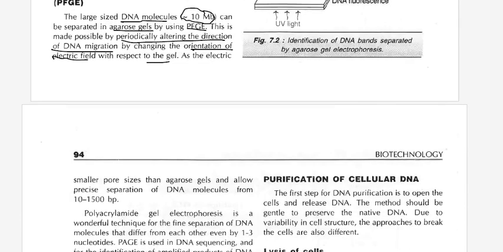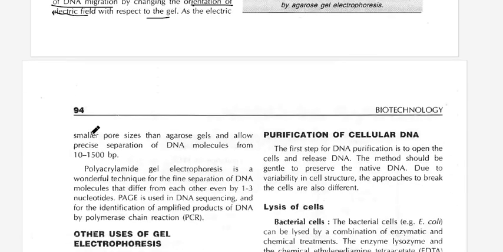They have even smaller pore sizes than agarose gel, and they allow precise separation of DNA molecules from 10 to 1500 base pair. So it is a wonderful technique for fine separation of DNA molecules which differ from each other by 1 to 3 nucleotides. It is used in DNA sequencing and identification of amplified product from PCR.